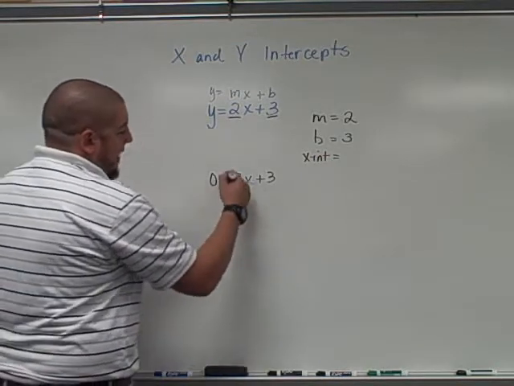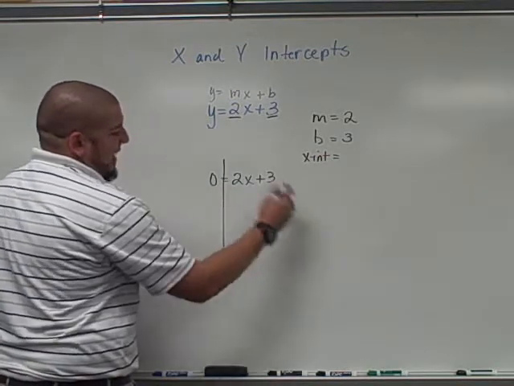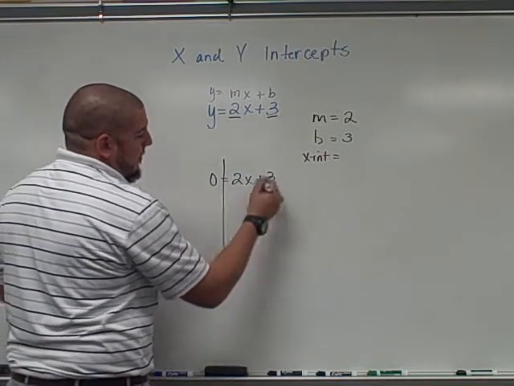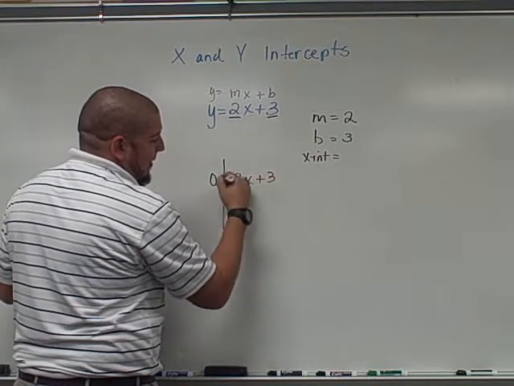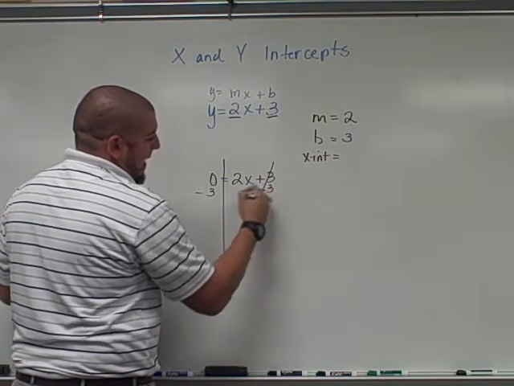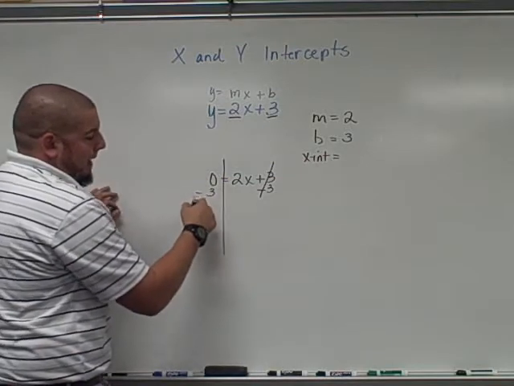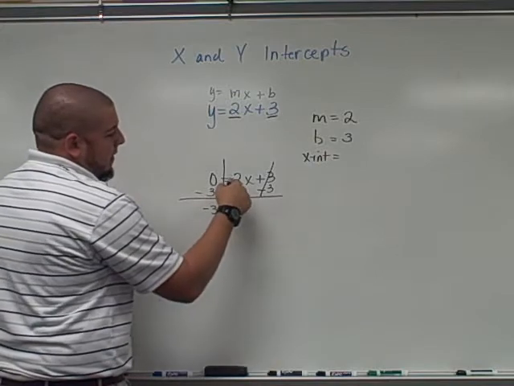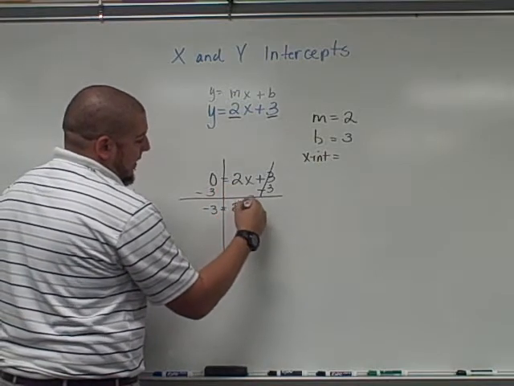So to solve this, I'm going to draw a thing called the river. I've got to get everything on the other side of the river, away from the x. Well, I'm going to do the opposite. This is being added to this, so I'm going to subtract it. Subtract 3 from both sides. This cancels. 0 minus 3 is negative 3 equals 2x, because that's all that's left.